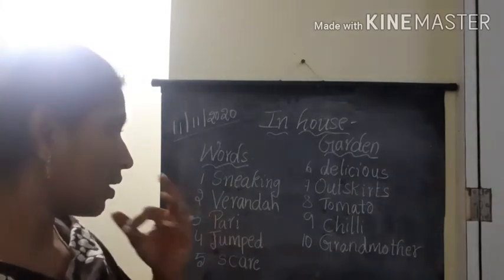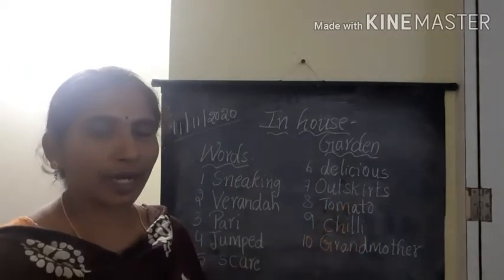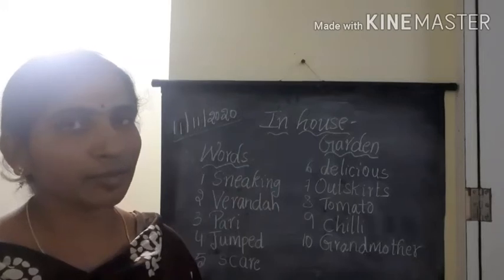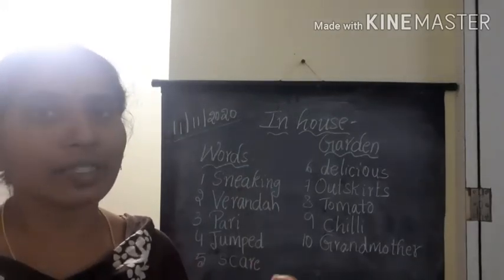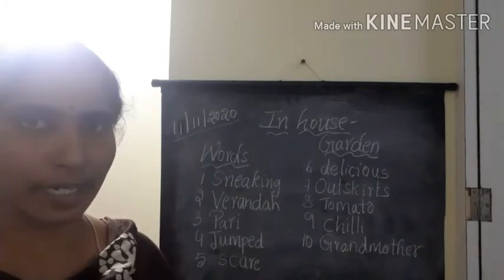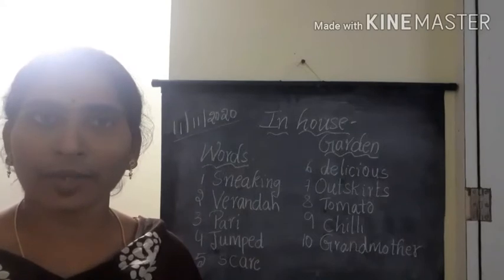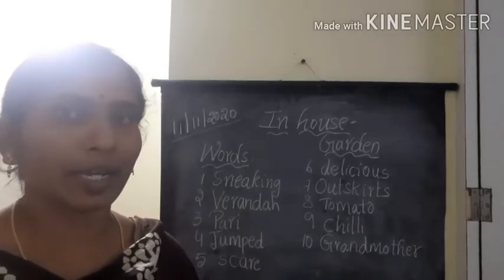Is it, children? So, who saw these tomato and chili plants in the veranda? Pari saw. And whom did she ask? Yes, she asked grandmother why all these tomato and chili plants are here. And who doesn't buy vegetables in the market? Yes, grandmother doesn't buy vegetables in the market.